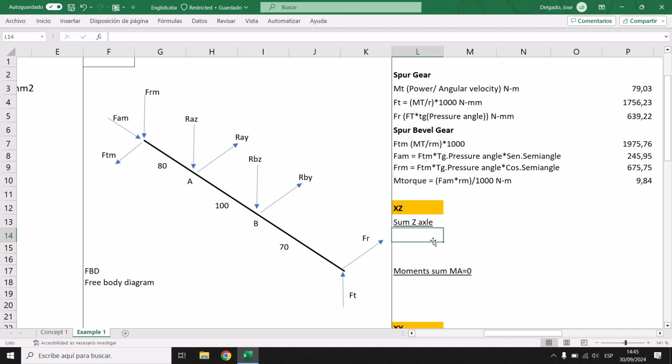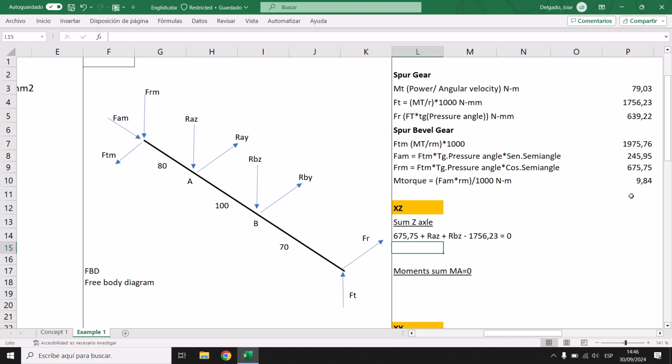It's going to be the radial load of the bevel gear, 675.75, plus my reaction on A, AZ, plus my reaction on B, BZ, because we are on different planes, minus the tangent force of the spool gear, 1,056.23, equal to 0.